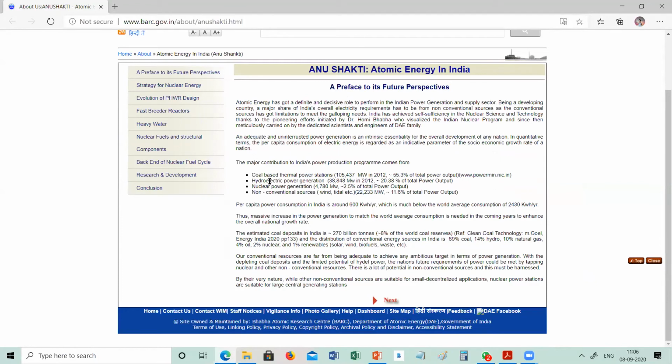About 55% of total power is coming from coal, 20.38% from hydroelectric, nuclear is producing around 2.5%, and non-conventional sources are producing around 11.6%. So considering the increase in demand in the future, India has to give preference to the nuclear based program.